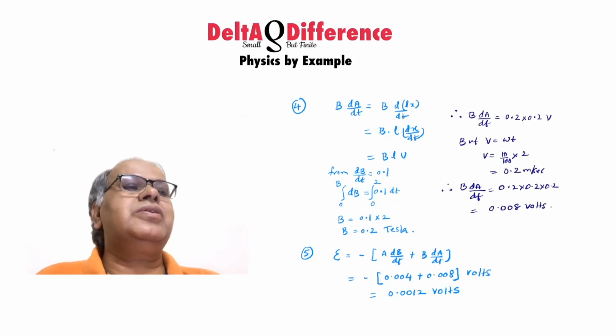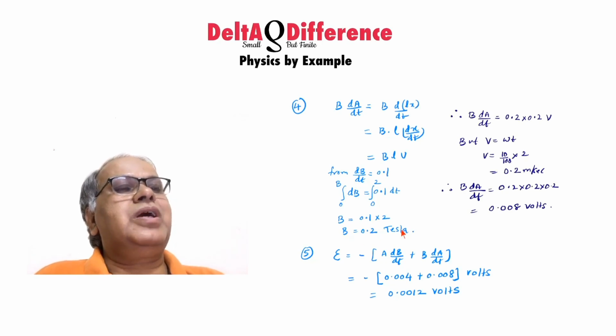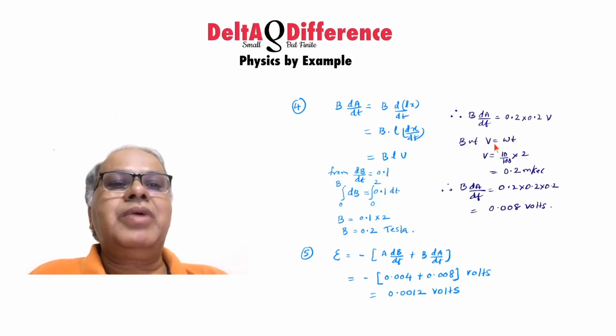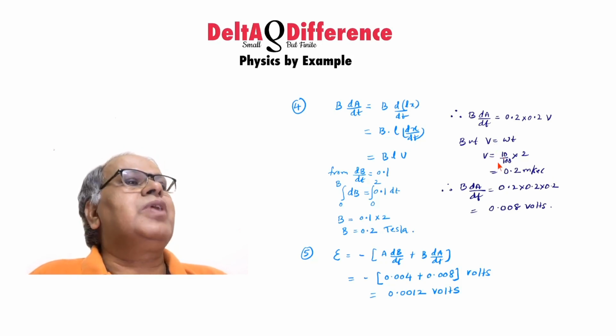It is simple integration. So B equals 0.2 Tesla at this moment. So out of BLV we have L, we have B. Next job is to find out the speed of the rod. That can be calculated from V equals u plus at. Another kinematics equation we are using here. So we'll get it as 0.2. So all that substitution will give you B dA by dt equals 0.2 into 0.2 into 0.2, 0.008.